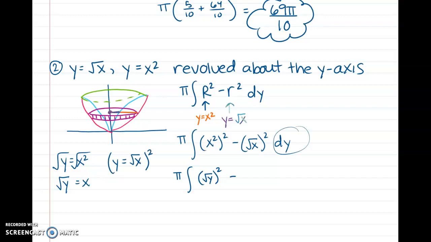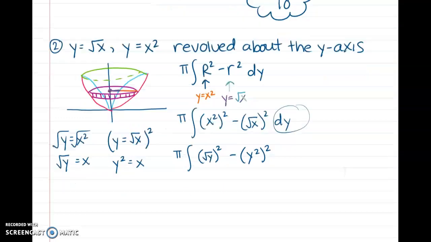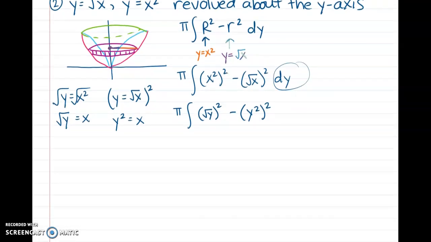If I square both sides, y squared equals x. So now I can replace it with y squared, squared. So now we have our dy at the end.